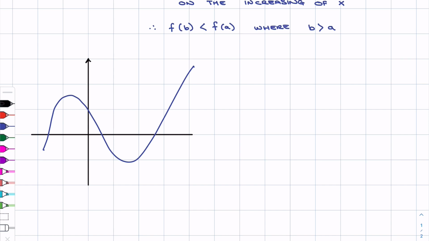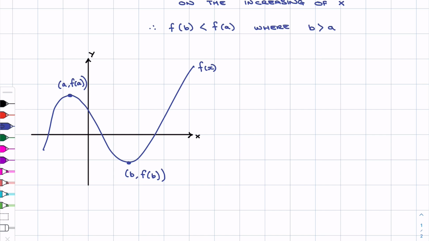Obviously our dependent variable we're calling y, our independent variable x, set on the two axes, and I'm going to say that this point here is going to be f of a, and this point here is going to be f of b, and the cubic function we're going to call f(x). Okay, so obviously our turning points are going to play a significant role in determining where the function is increasing and where the function is decreasing.